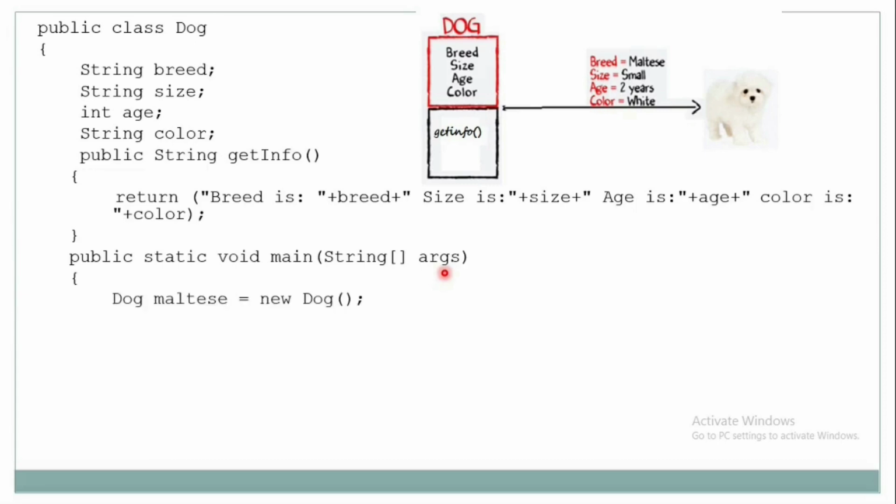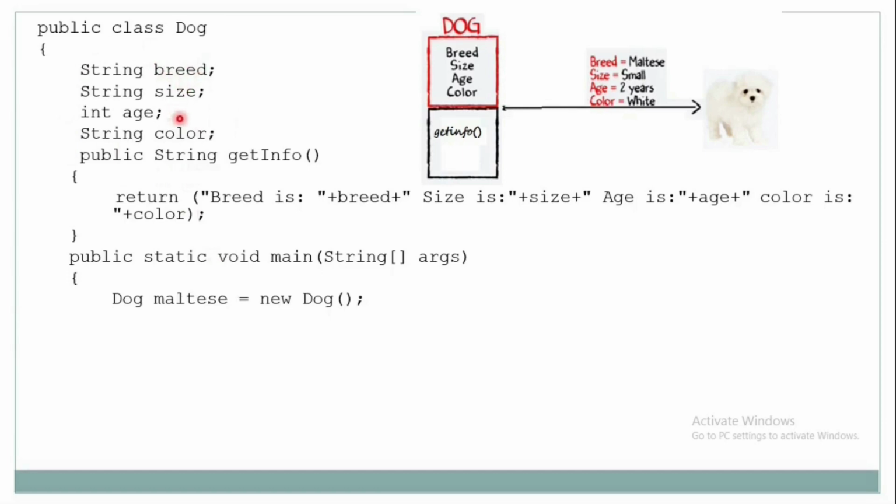Now let us create an object. This is how you create an object. Maltese is an object which has been created of the class Dog. As I told you, whenever an object is created, the compiler will allocate memory to it.